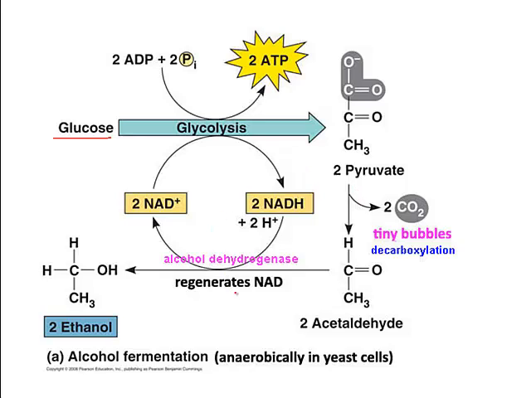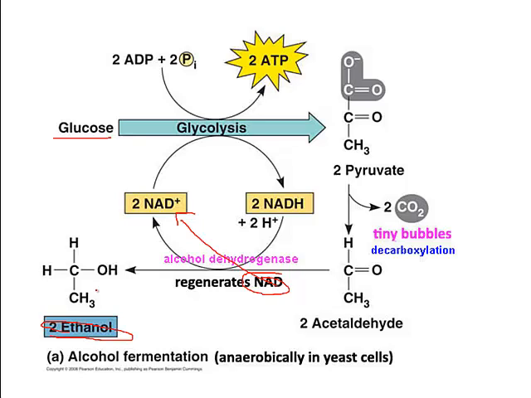So alcohol fermentation takes those 2 pyruvate molecules and changes them into alcohol, which is your ethanol that you get over here. And during that process, we're getting our NAD+ back. And that NAD+ will then go back into the glycolysis process. So that allows it to keep breaking down glucose molecules. So it's kind of an alternative way of getting energy.